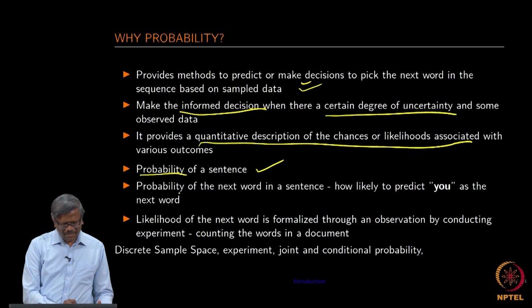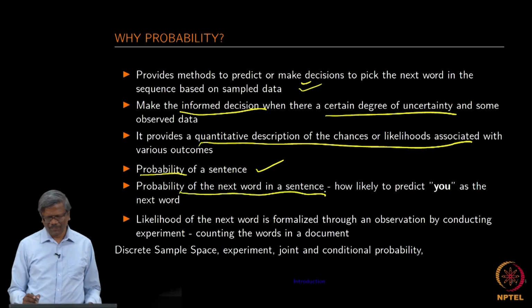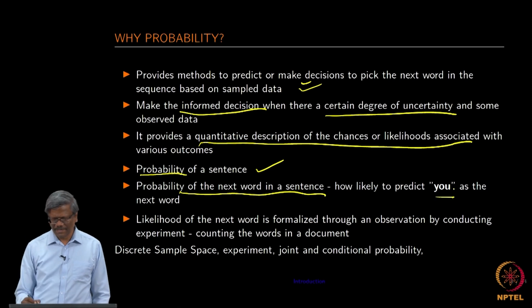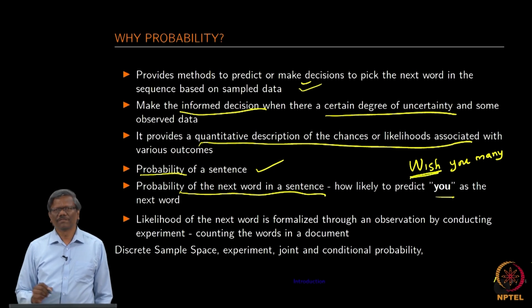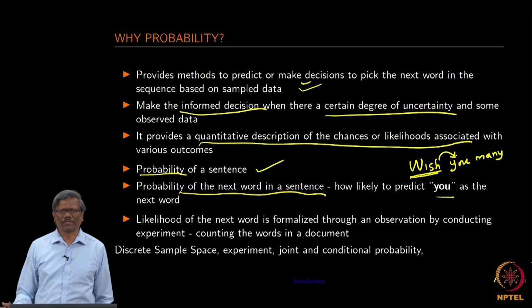As I mentioned earlier, there is the probability of the next word in a sentence, how likely it is to predict "you" as the next word. So, let us say I am going to be typing "I wish". When I type this word wish, how likely are we to find "you" as the next word? So, we will be bringing in the conditional probability.